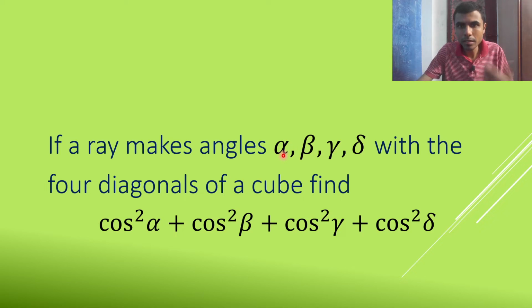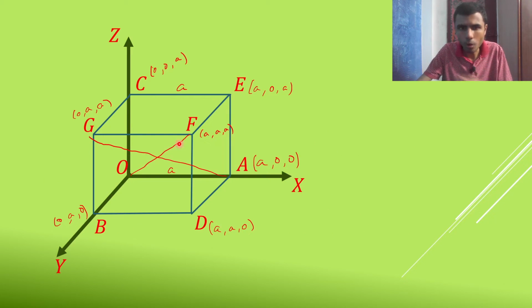They told that the ray makes some angles with the diagonals of a cube. Let me consider the ray makes angle alpha with OF bar in my diagram. OF is one diagonal and the ray makes alpha with this diagonal. OF DCs I can find out.